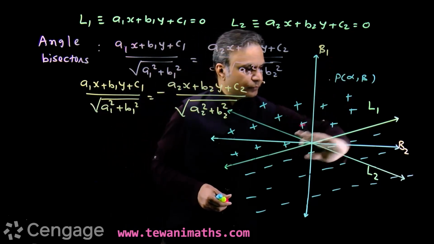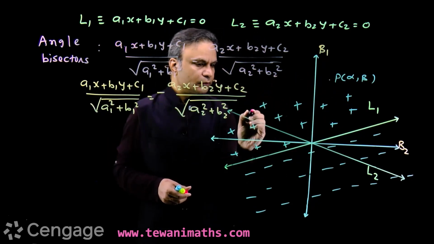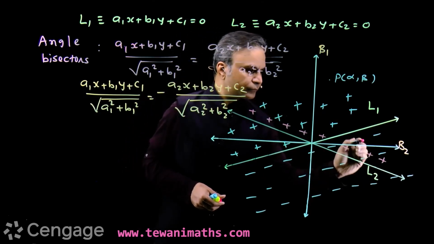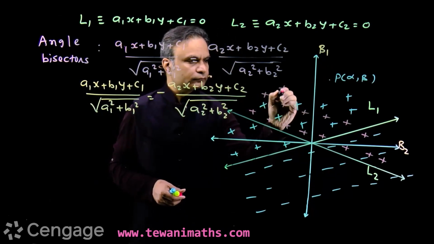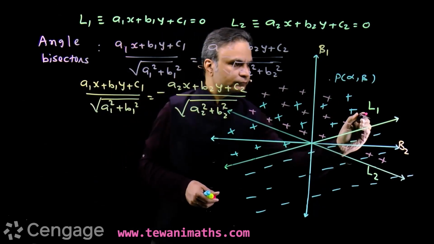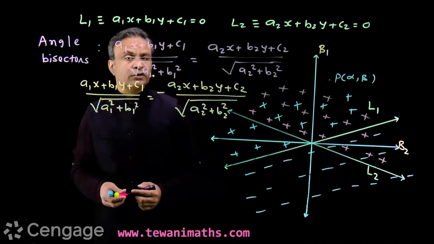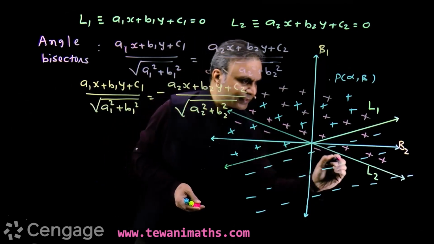Suppose this is a positive region of line L2, so let's put a plus sign here. I am using a different color. Then this region will be the negative region of line L2, so let's put a minus sign everywhere here.